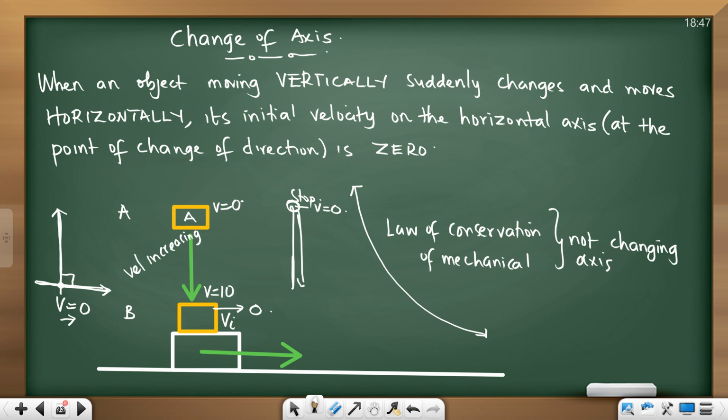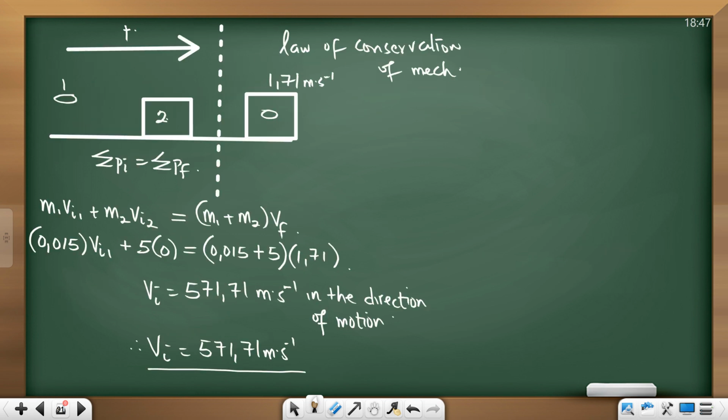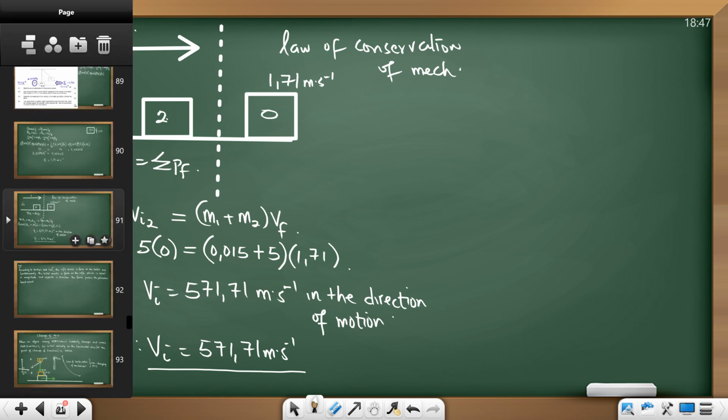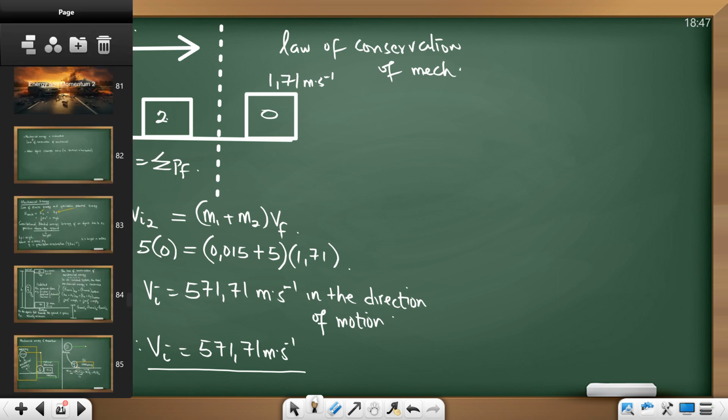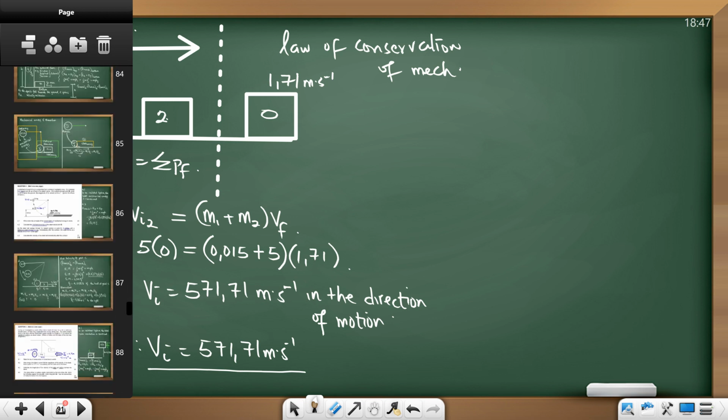When I come to the right-hand side, guys, this thing is not vertical. Look, this one was not moving vertically. Please take note. Let me go back and show you. This was not a vertical movement. It's an angular movement.